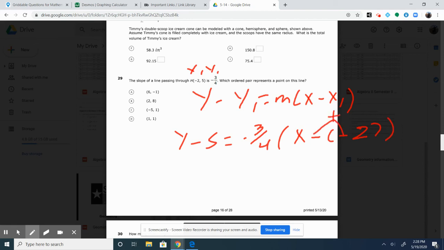So that right there turns into a positive, and now we are going to distribute that -3 over 4. So we have y minus 5 is equal to -3 over 4x, and then -3 over 4 times 2 is going to give us -6 over 4.